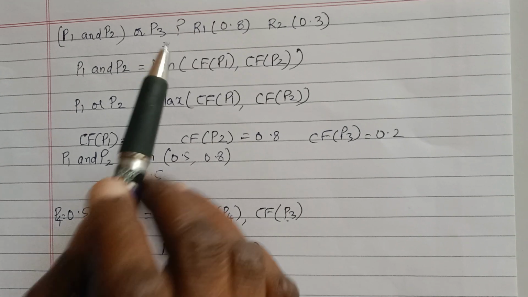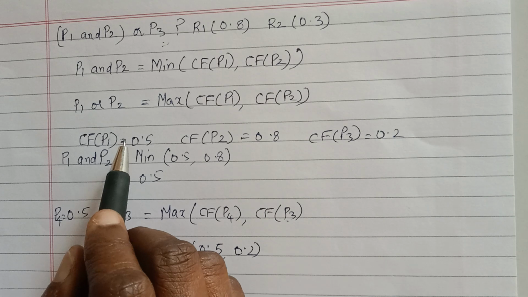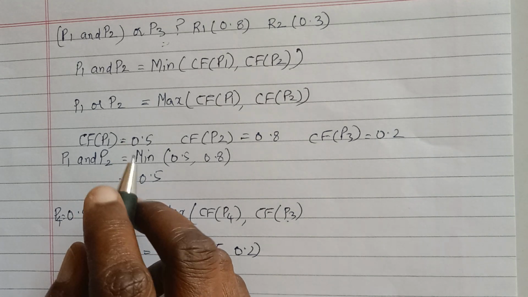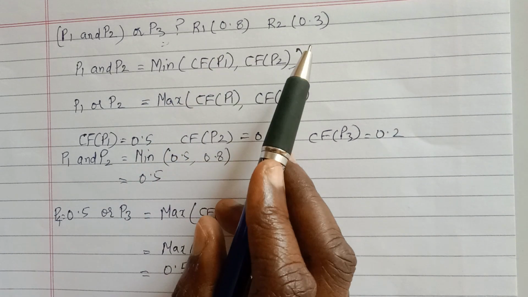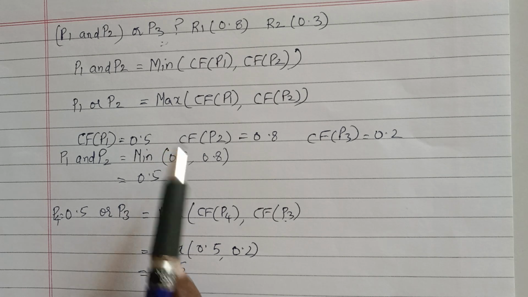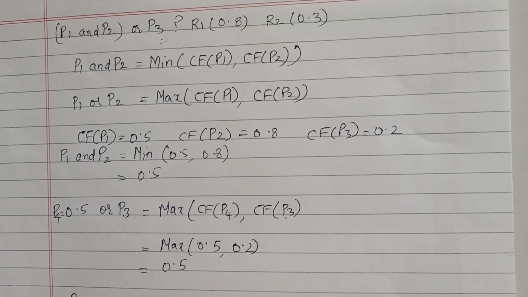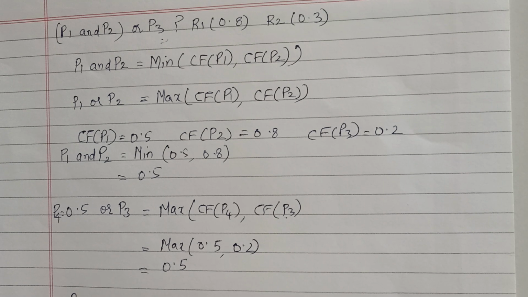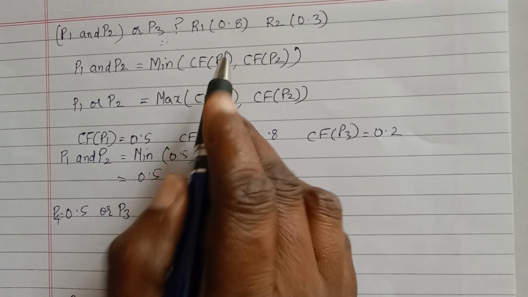Next we have R1 and R2, the conclusions of these rules. R1 is 0.8 and R2 is 0.3. Now we have found the value of the rule is 0.5.